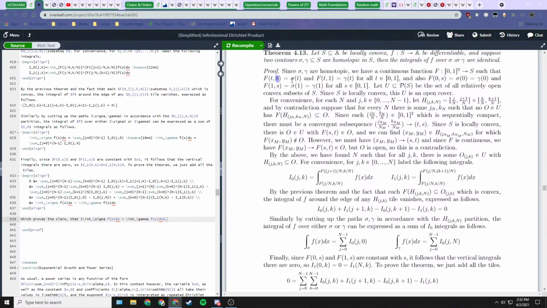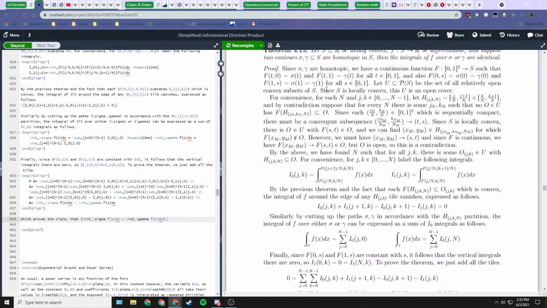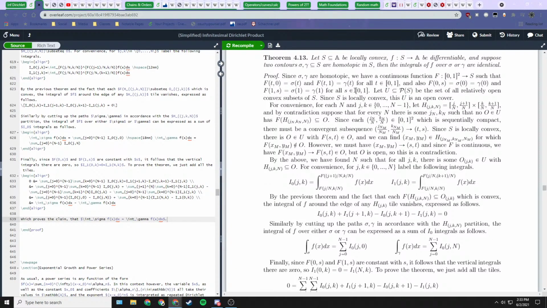So when s is 0, we get sigma, when s is 1, we get gamma, and on the boundary, if t is 0, we get the first endpoint, and if t is 1, we get the second endpoint, regardless of s. So we just let U be the set of all relatively open convex subsets of S. S is locally convex, so we use an open cover.